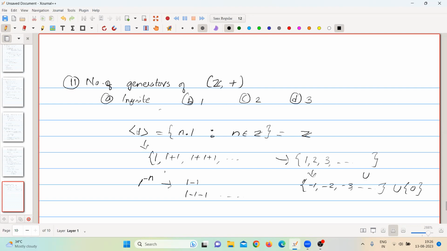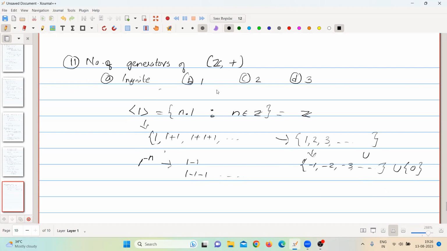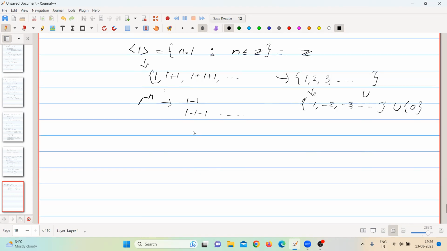Now we have one generator of Z plus. Does there exist any other generator? Yes, minus 1. If I take minus 1, it generates minus 1 plus minus 1, which is minus 2, then minus 3, and so on.